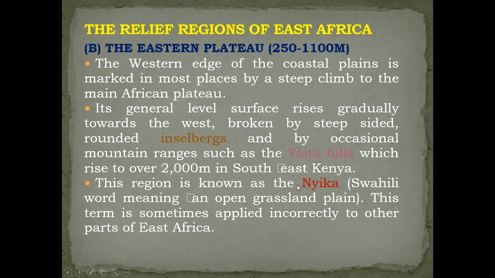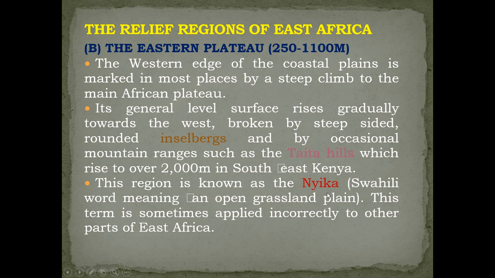So this region mainly comprises grassland. That's why they call it open grassland, with isolated inselbergs or isolated hills or flat-topped raised pieces of land we are calling the plateau.